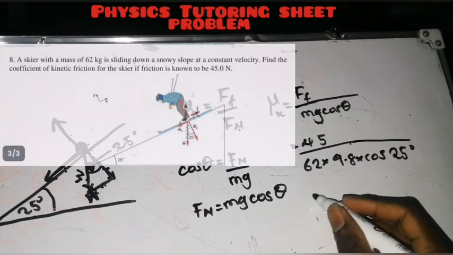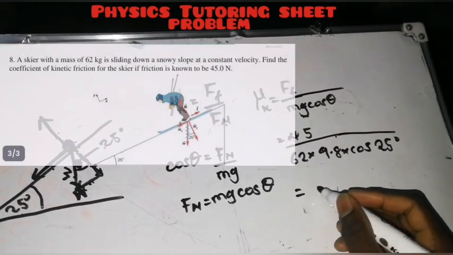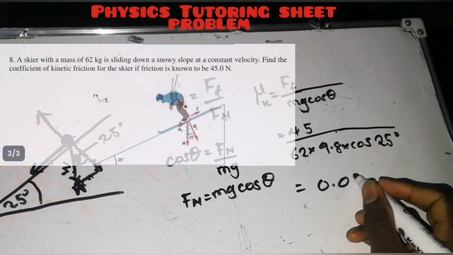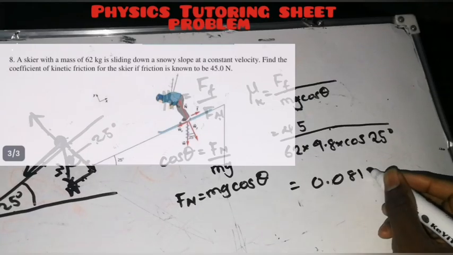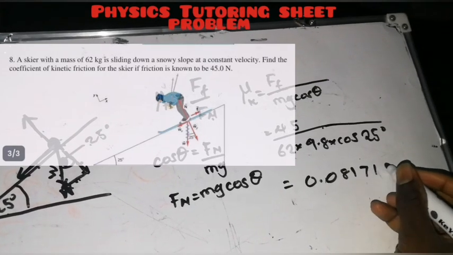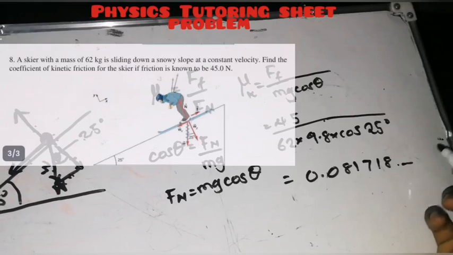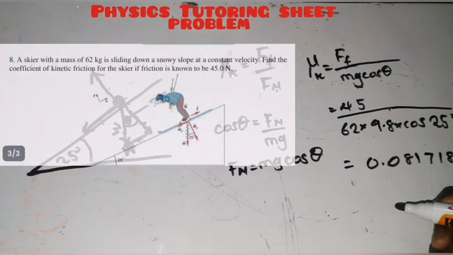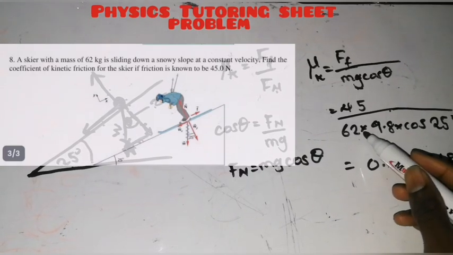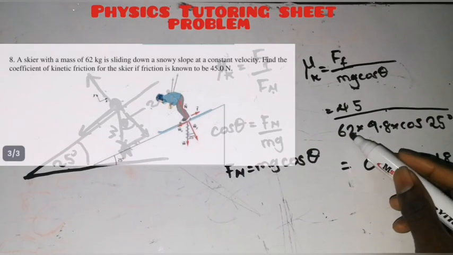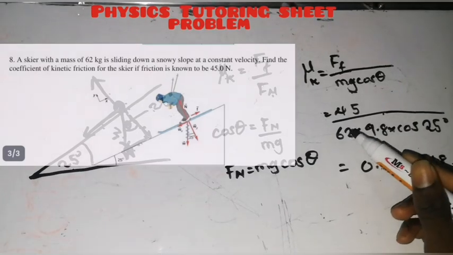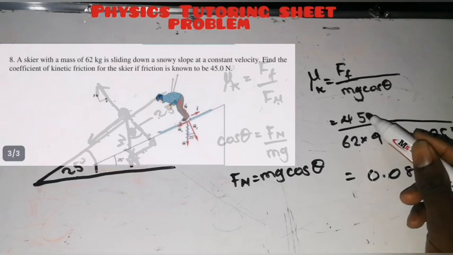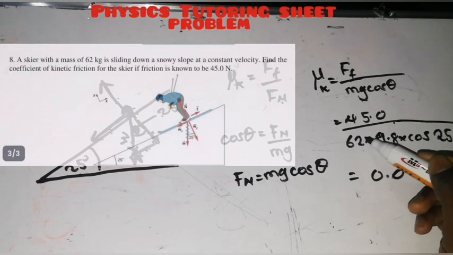If you punch all of this into a calculator, you're going to get something like 0.0814718. Now, if we look at the question carefully, the mass was given as 62 with only two significant figures, but the frictional force was given as 45.0 with three significant figures.